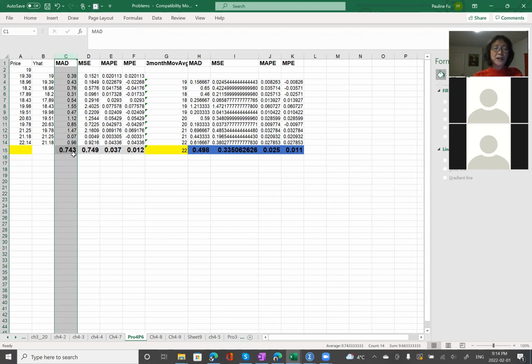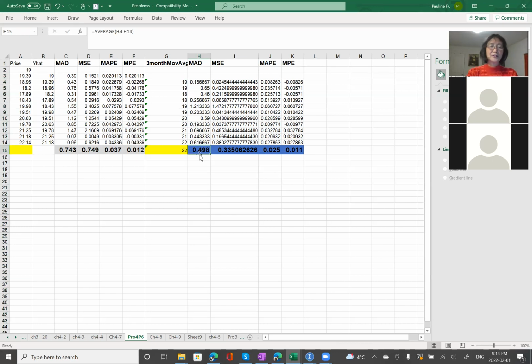This is an absolute value, not a relative number. Even if you make a comparison, you are comparing two absolute values: 0.743 with 0.498.